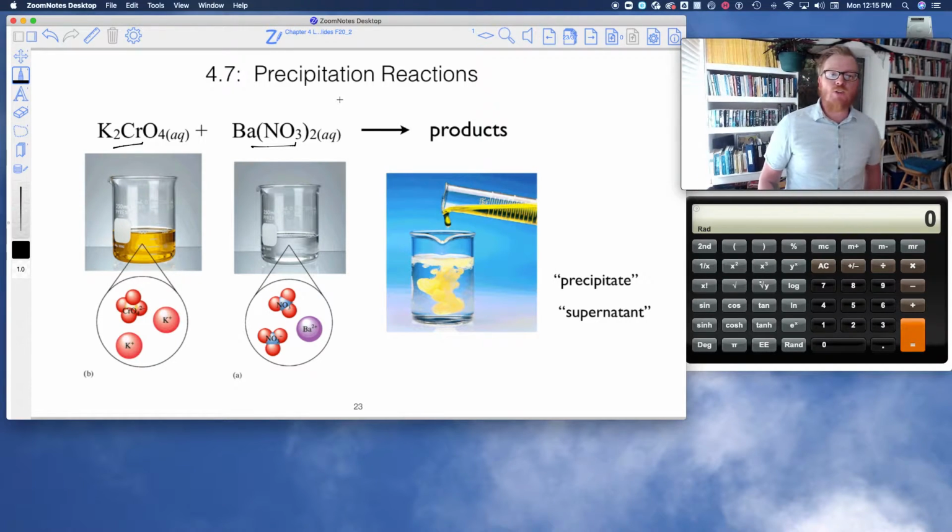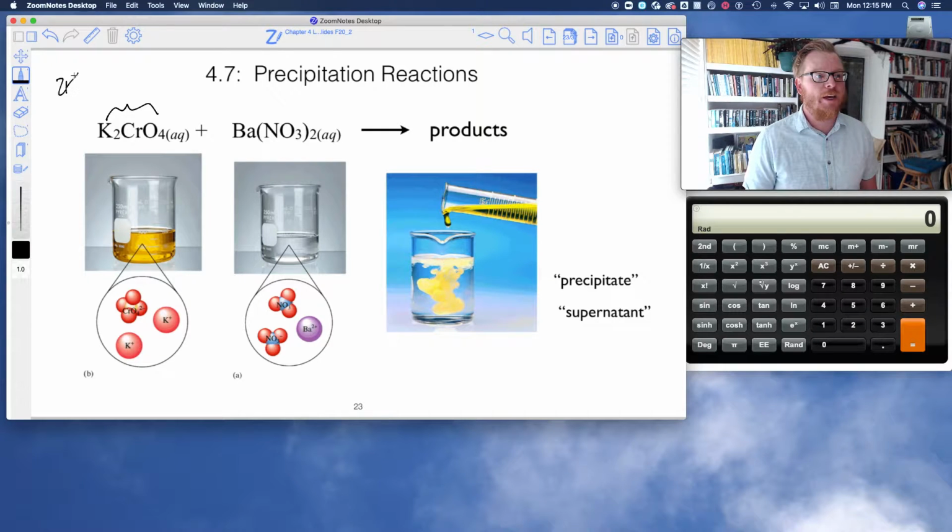Okay, so what is a precipitation reaction? Let's talk about that. You can see here I've got potassium chromate. As a reminder, when this breaks up into its respective ions, we get two potassiums, which are aqueous, plus a chromate.